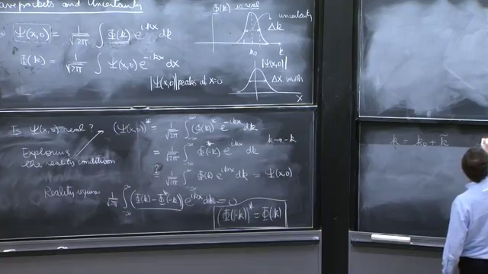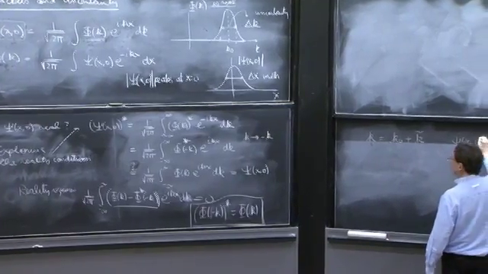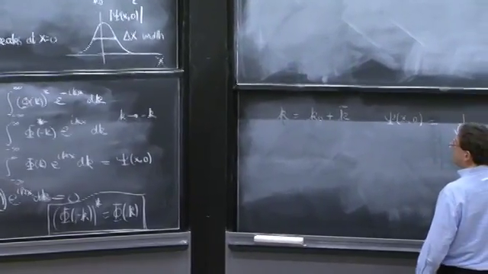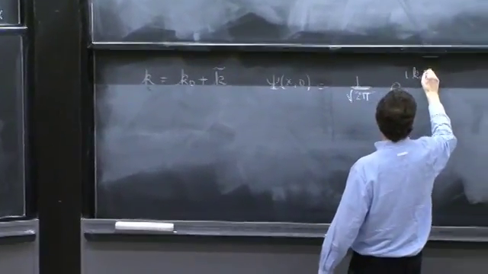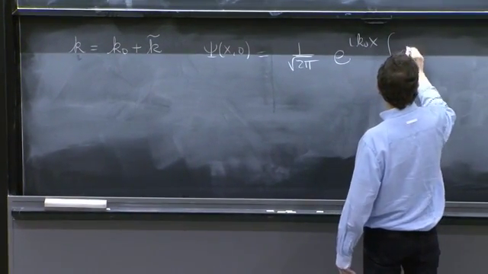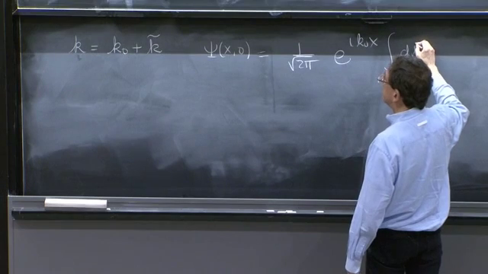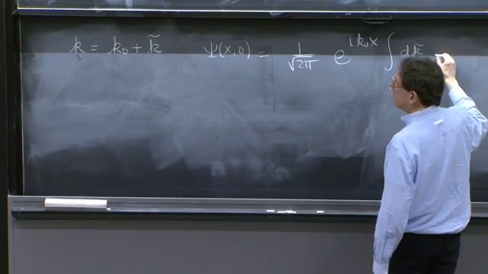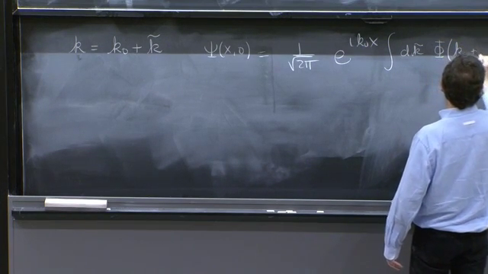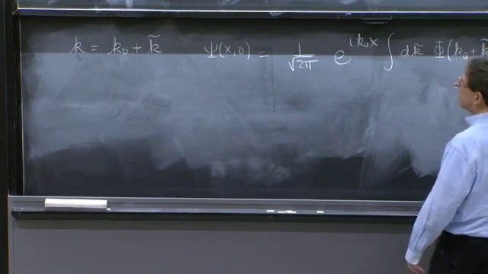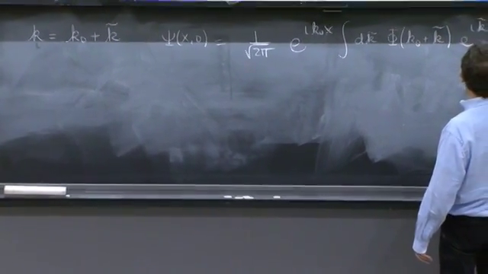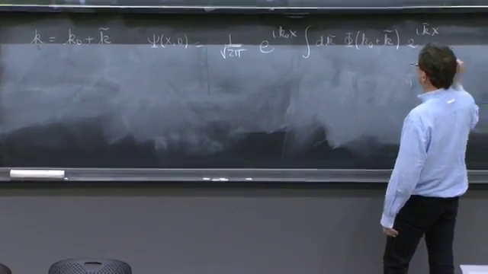And then we have psi of x0 equal 1 over square root of 2 pi e to the i k naught x, that part goes out, integral dk tilde phi of k naught plus k tilde e to the i k tilde x dk.